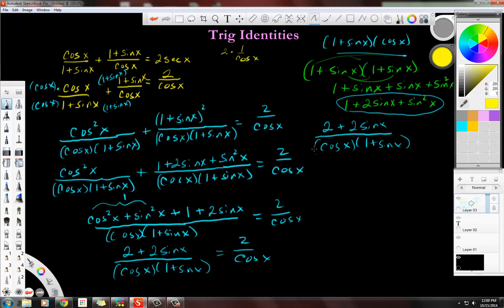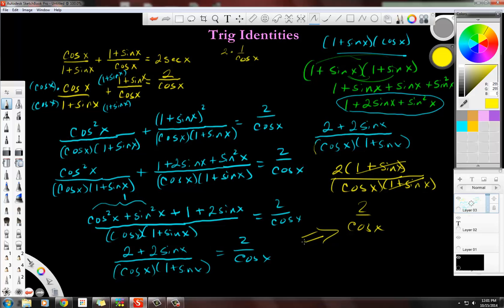On top of this, I can factor out a 2. And inside that is going to be 1 plus sine of x. And since that's over cosine of x times 1 plus sine of x, I think you can see where that's going now. This is all going to cancel that. And what's left? 2 over cosine x. And that's what we were trying to prove equal to each other.